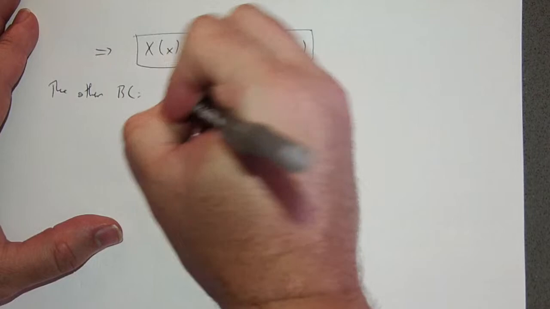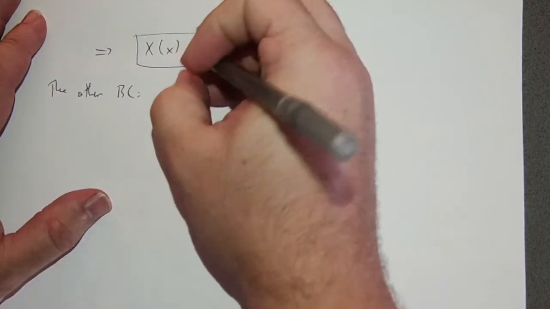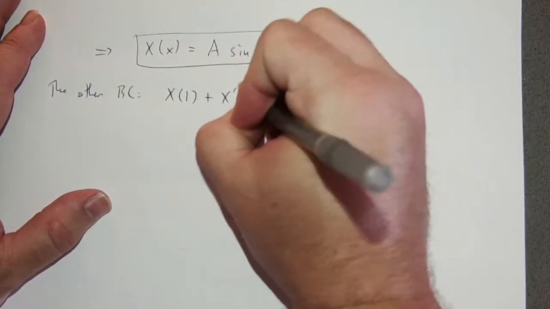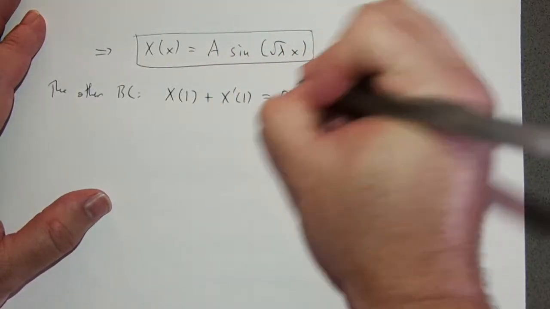The other boundary condition is x of 1 plus x prime of 1 is equal to 0.